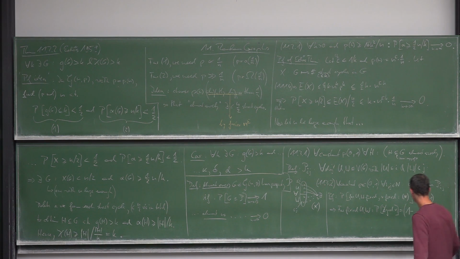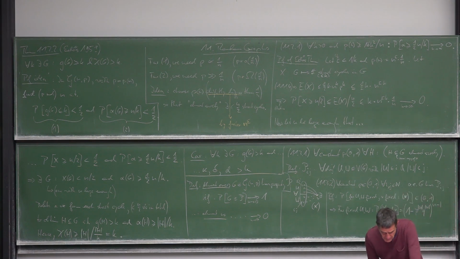So 1 minus p to the |U| times q to the |W|. So with this probability, v is good. With this probability, it's bad. And the probability that they're all bad is that to the power of, how many choices of v are there? n minus |U| minus |W|. Yeah.